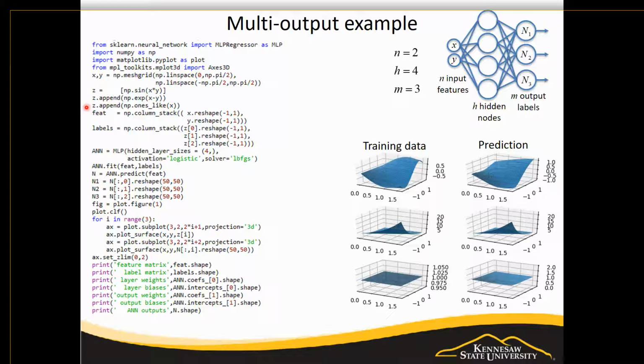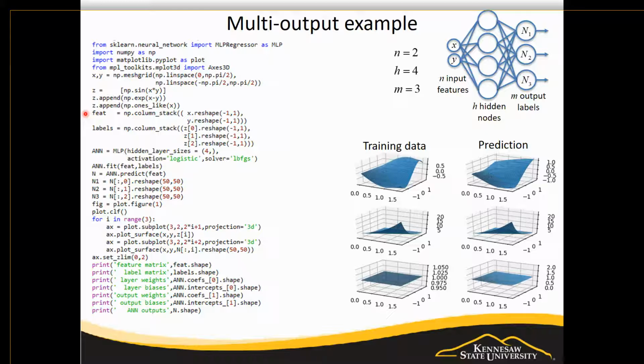So then, the features, they can't be organized like that. I've got this x 2D array and this y 2D array. That's not the way the features need to be represented for the fit. So what I do is I take that 2D array for x and I reshape it into one giant long column. And then I take the y 2D array, reshape that into one giant long column.